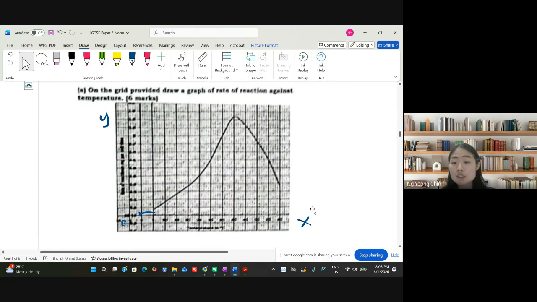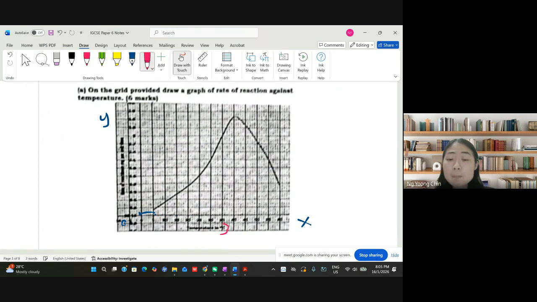So you write temperature and then the unit here. Remember to include the unit, because if you didn't include a unit, even though your parameter is correct, the examiner can still deduct your mark. Unit is very important. So you should write the unit for your x-axis and also y-axis, just beside the parameter.